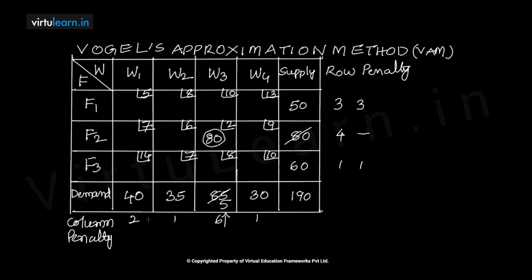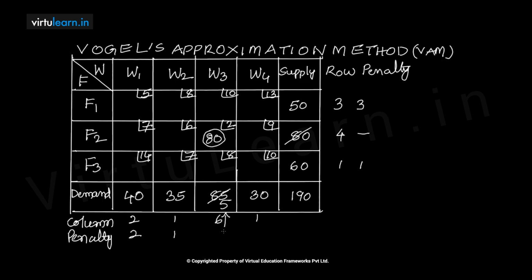Then again we will check column penalties. In this W1 column we have 5 and 7, 2. And here in W2 column we have 6 and 7, 1.